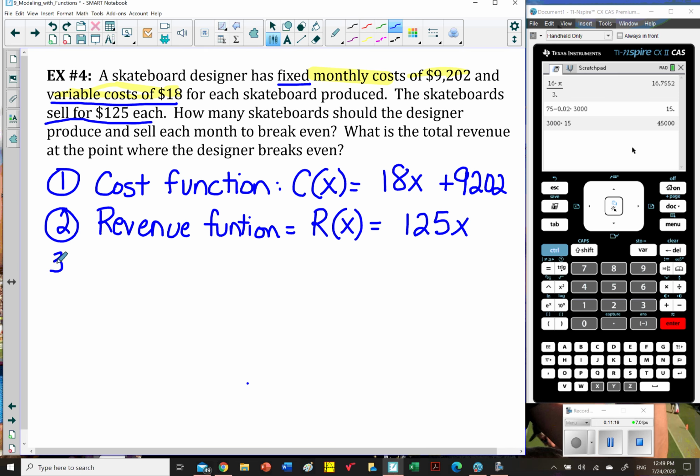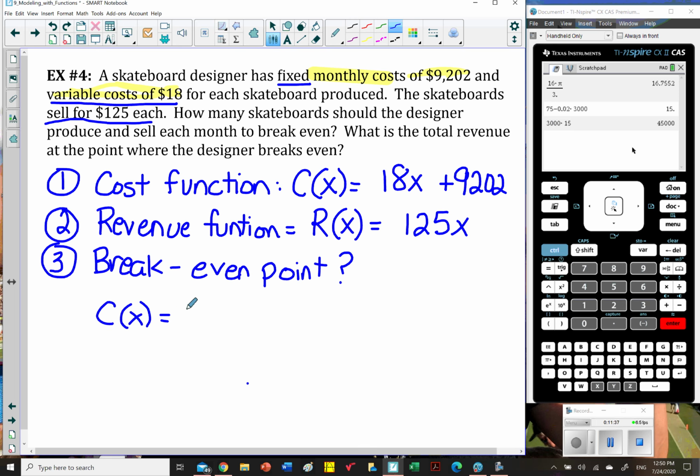And this question is asking us what the break-even point is. So to find the break-even point, we would set the revenue and the cost function equal to each other. So cost equals revenue is what we're being asked here.